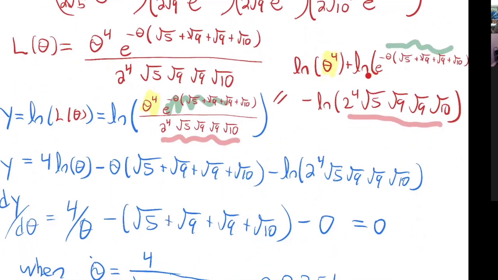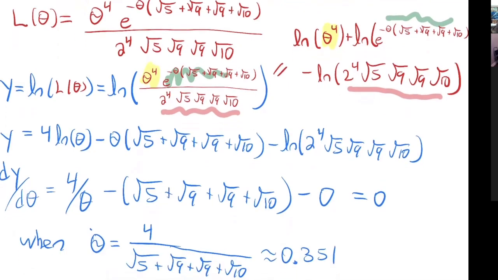We use a property here that the natural log and the exponential undo each other. So what's going to be left is just the power that was up here. So that's where this all comes from. And then I have all this stuff over here. So at this stage, this is the log likelihood function.